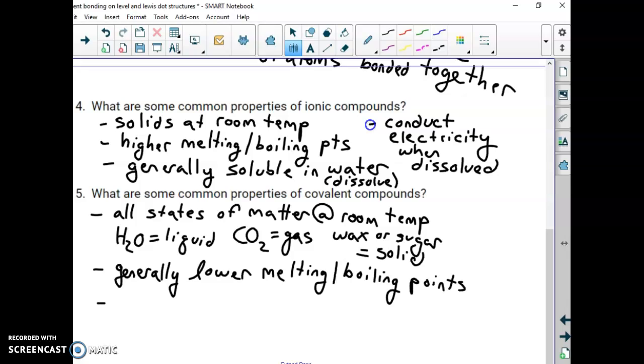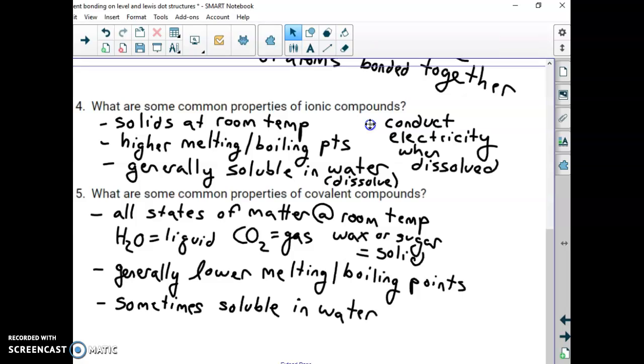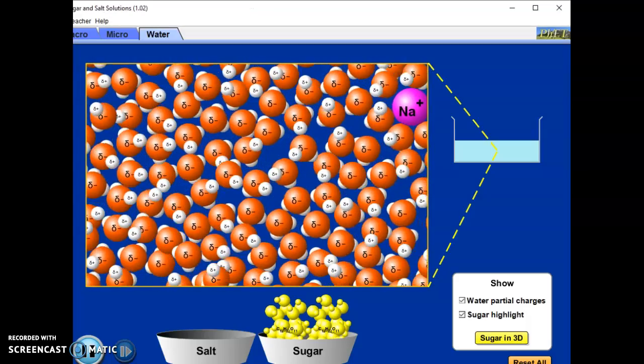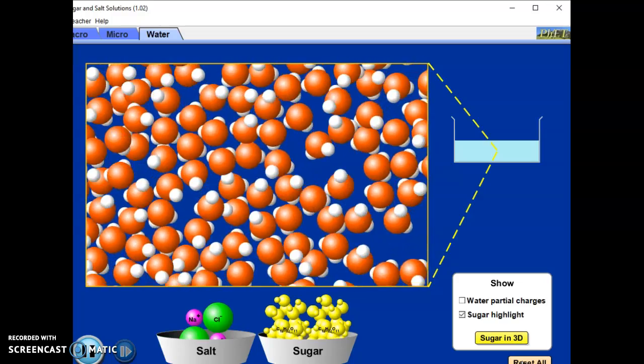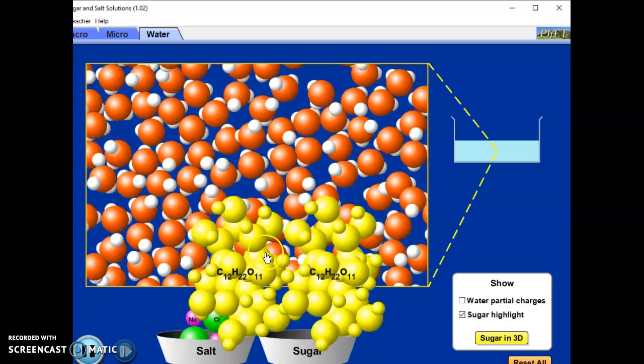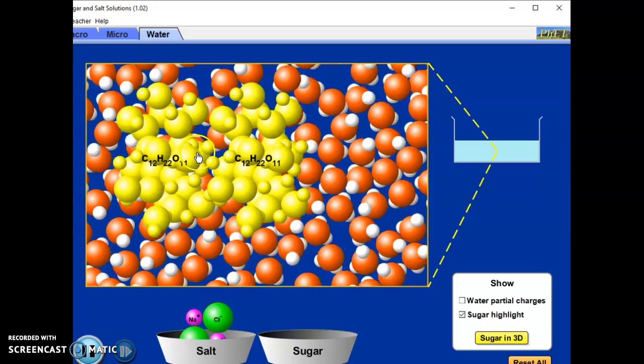And same thing depending on the structure, you end up with stuff that's sometimes soluble in water. So something like sugar. Sugar is a good example. We can even see it here. If I reset this, we have some sugar molecules present, and I can drop these in here.